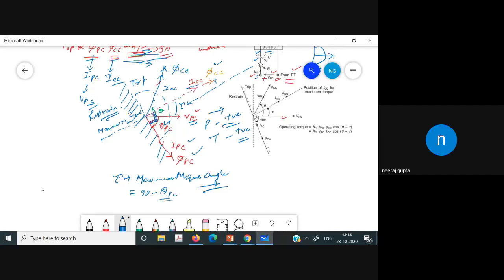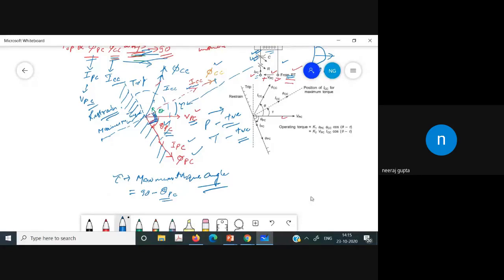The maximum torque angle can be varied by varying this capacitance in this circuit, which is coming from the PT. So we can vary the trip and the restraint regions by varying the angle theta PC, by varying this capacitance. The trip and restraint regions can also be varied in this way.